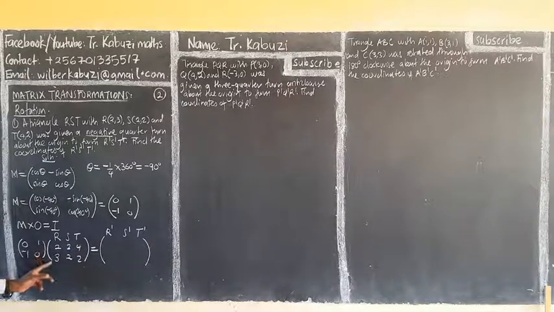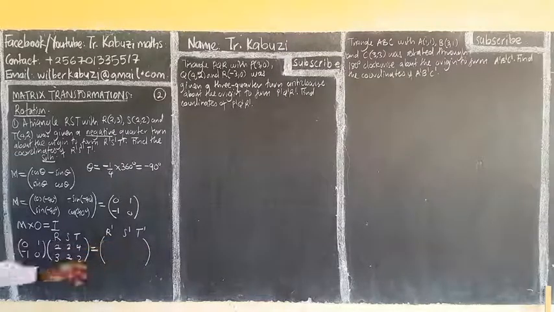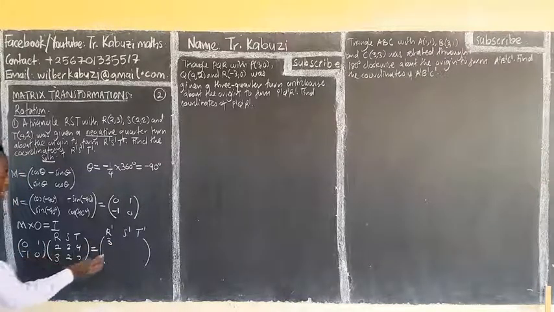Then this one is going to multiply these ones. Remember, when you multiply this row with these ones, you get coordinates of the first row in the image. So if this is 0, don't waste time. Just get this one, multiply it here. So the coordinates here are going to be 0 times this, which is 0, plus this times this, which is 3. So just get this times this.